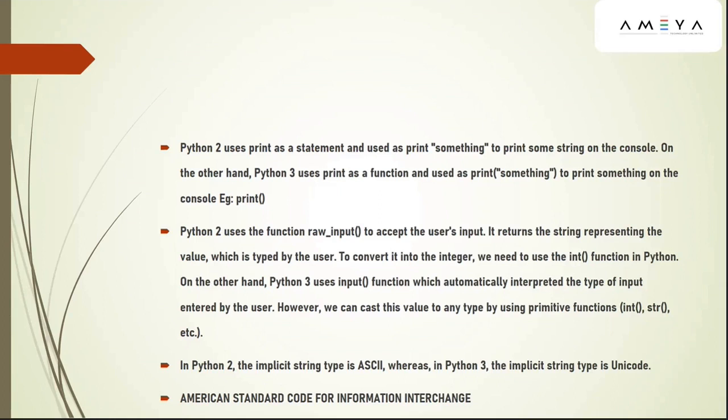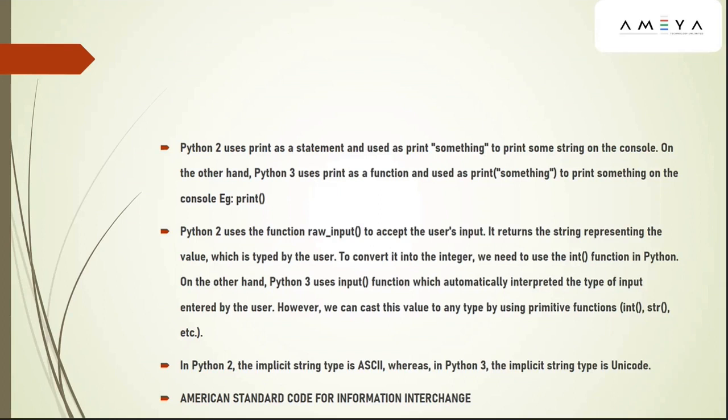Okay, so this is the basic difference between getting input from the user. It returns the string representing the value typed by the user. To convert it into an integer, we need to use the int function in Python. On the other hand, Python 3 uses the input function, which automatically interprets the type of input entered by the user. So this is the basic difference for Python 2 versus Python 3 while comparing or converting the variables and values.